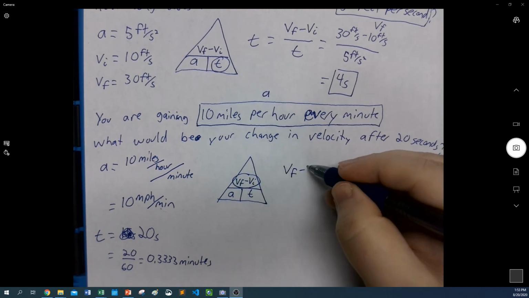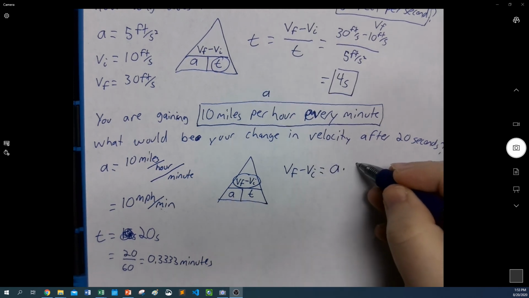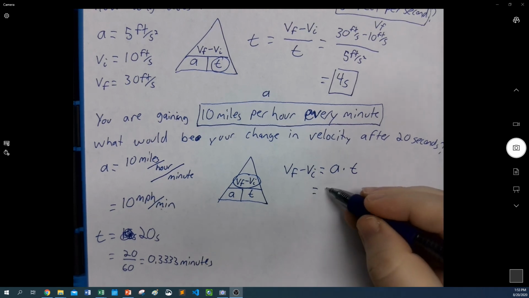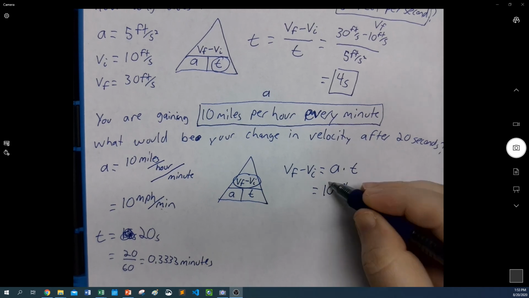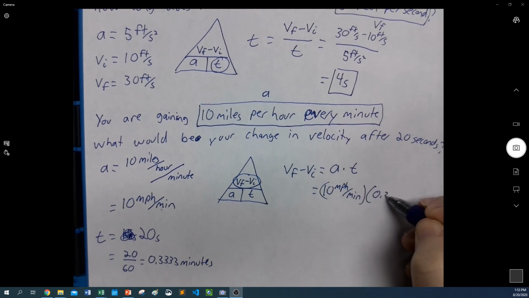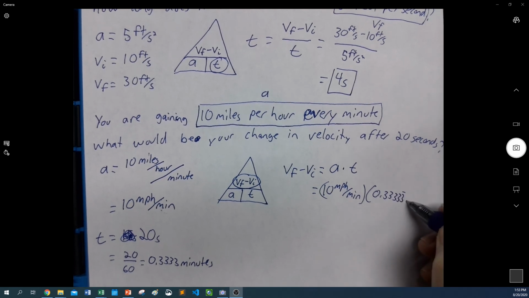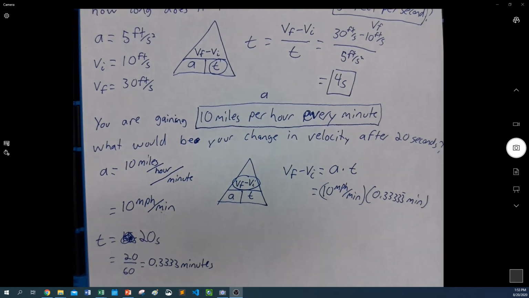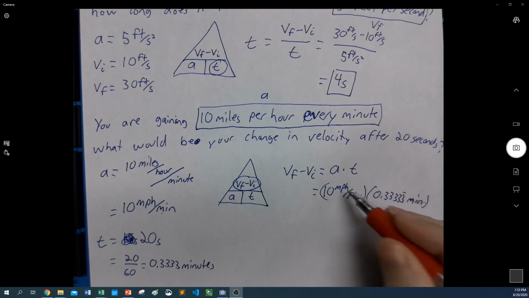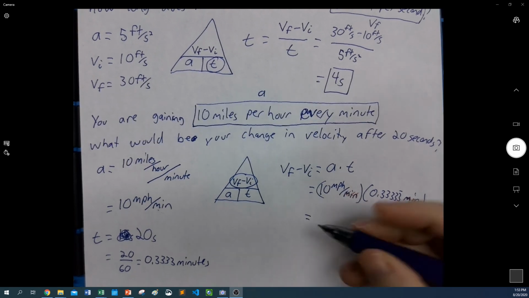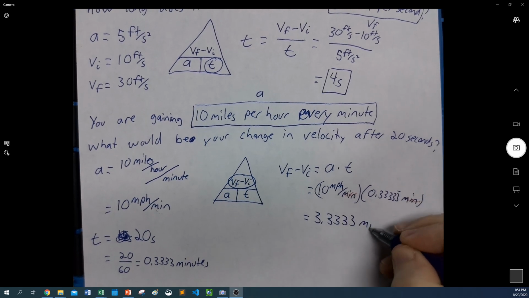So change in velocity is going to be equal to a times t, acceleration times time. Our acceleration was 10 miles per hour per minute. Our time was 0.33333 continued minutes. The minutes are going to disappear, leaving us just miles per hour. And so we get 3.3333 miles per hour.